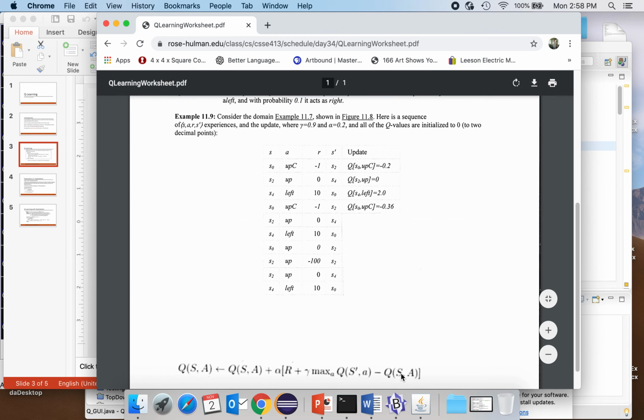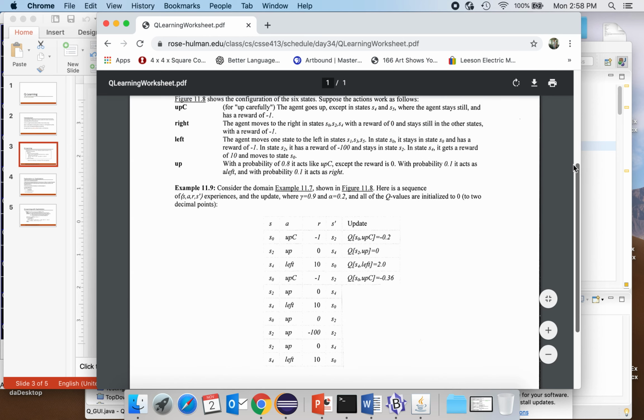Well, the transition table is empty, so all these values are 0. All we have to deal with is the reward, which is -1, and this tuning parameter alpha, which is 0.2, and gamma is 0.9 again. So all we have is 0.2 times -1, and that's how we get -0.2, I should be precise. So that's the value that we just calculated.